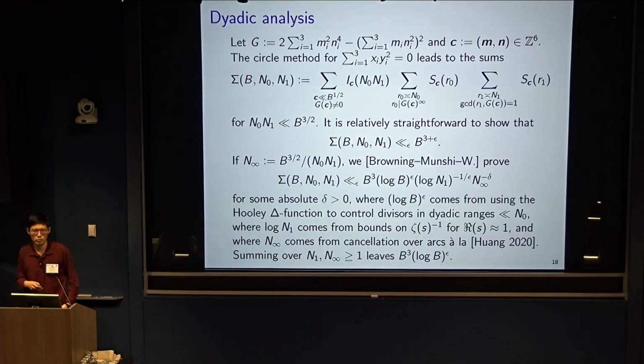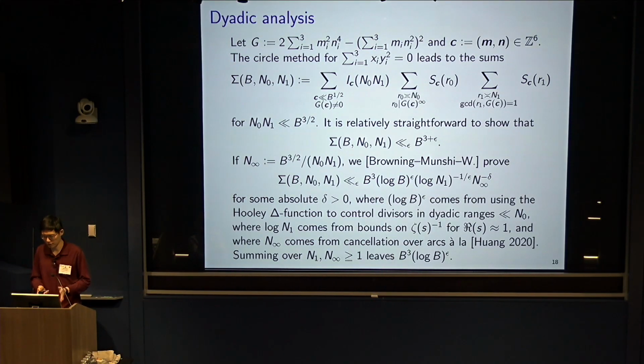We get some cancellation over arcs using this work of Jingying Huang on rational points near manifolds, things like that. Okay, and if you sum over n1 and n infinity, these are dyadic parameters, you just get left with b cubed to the log b to the epsilon.